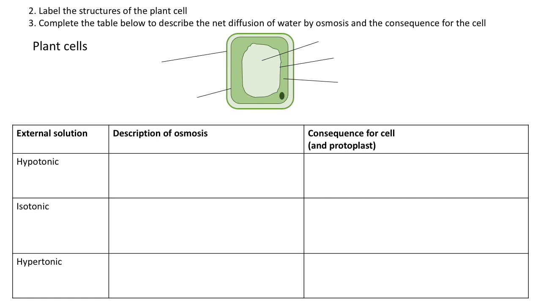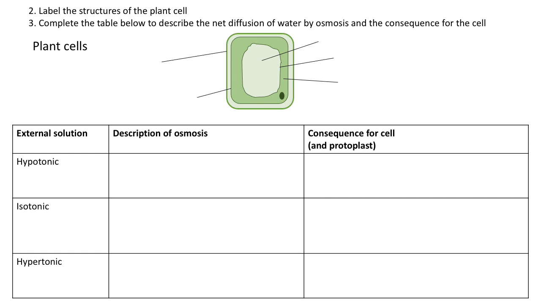So plant cells, this is a little more information required. So first thing I want you to do is to label the plant cell. So there's some arrows there, or lines to particular structures. Please label those structures. So pause and test yourself on that.